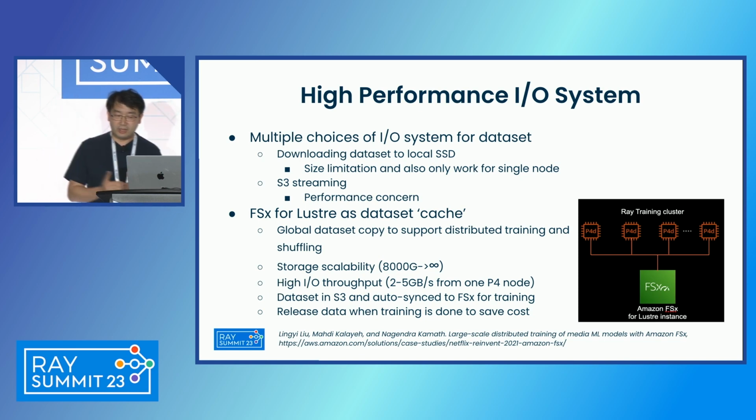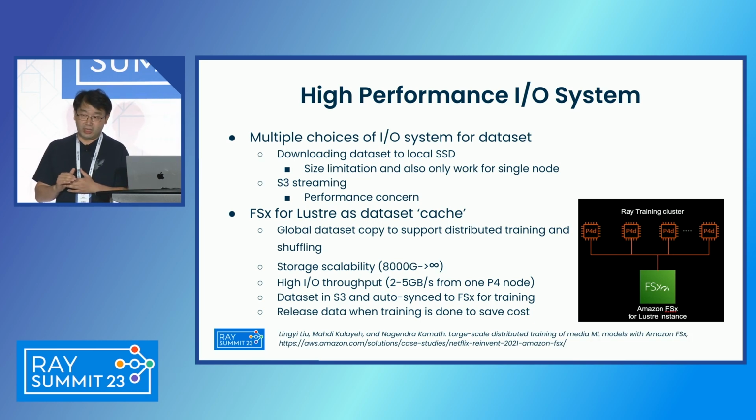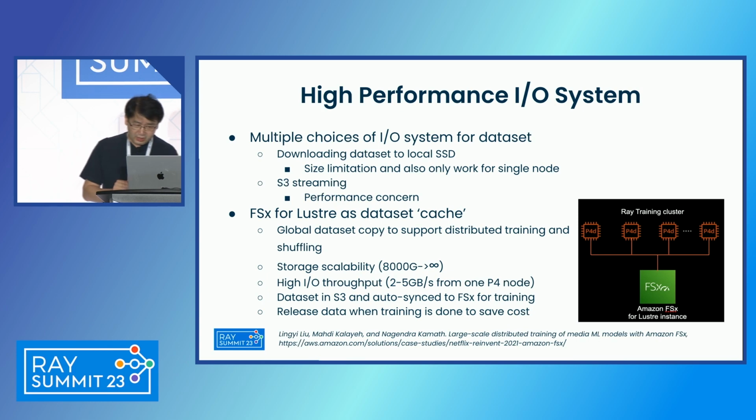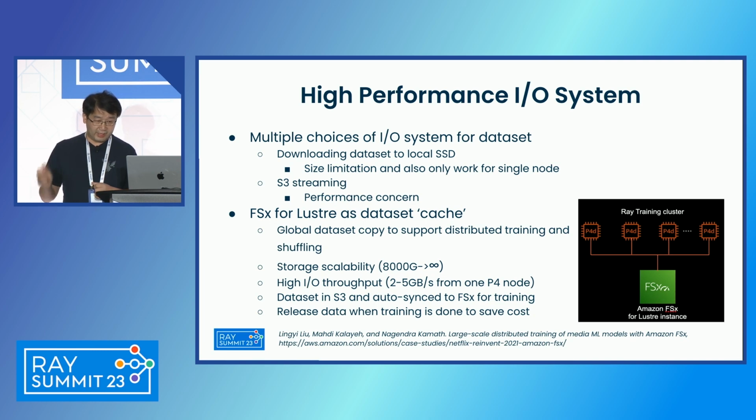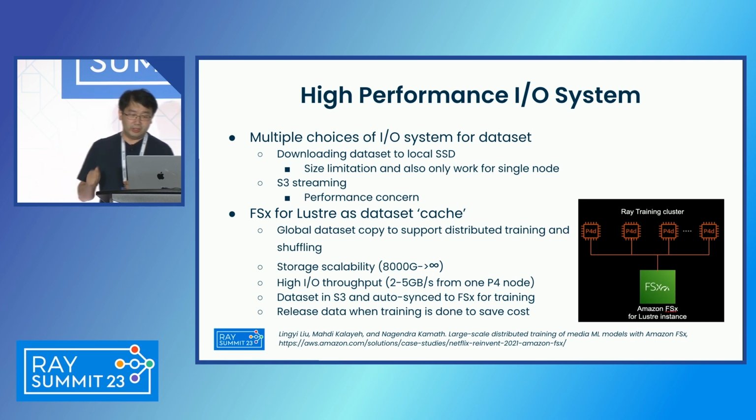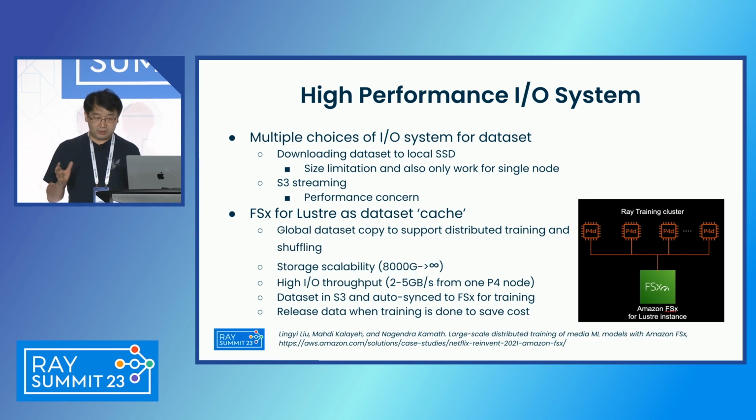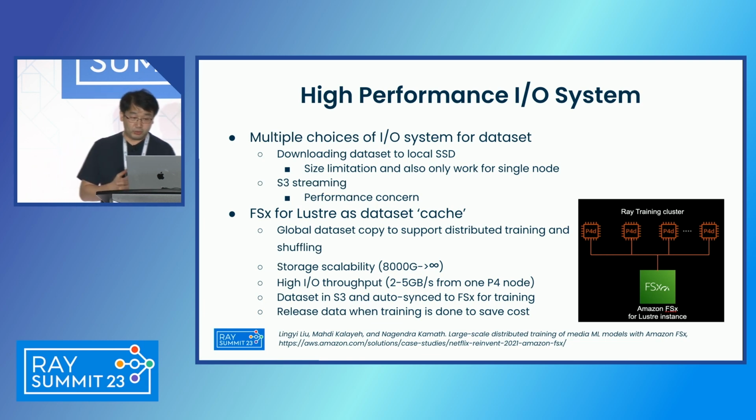Another solution is S3 streaming. However, this has some throughput performance limitations. So finally, we settled on a solution called FSx for Lustre as a dataset cache. It is a global file system, so it can support distributed training and shuffling as long as the instance is mounted on the different nodes of your training system.